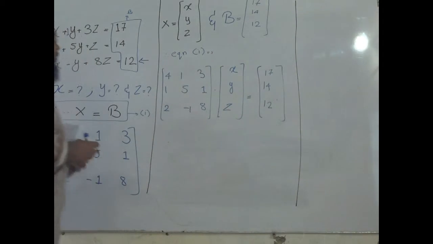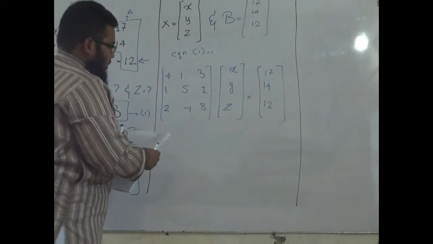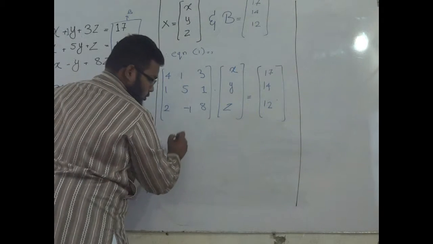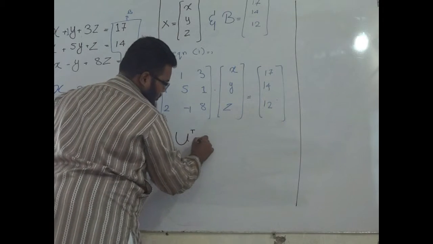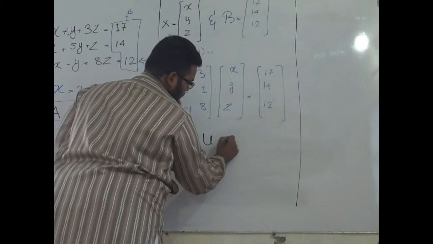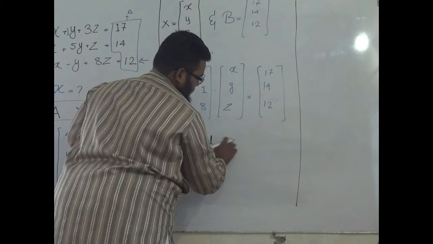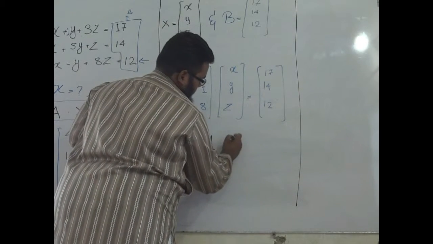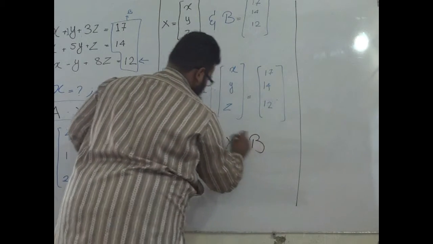Okay. Now, to find the roots of this equation, we have to convert our equation into the required Cholesky equation U transpose into U x is equal to b.